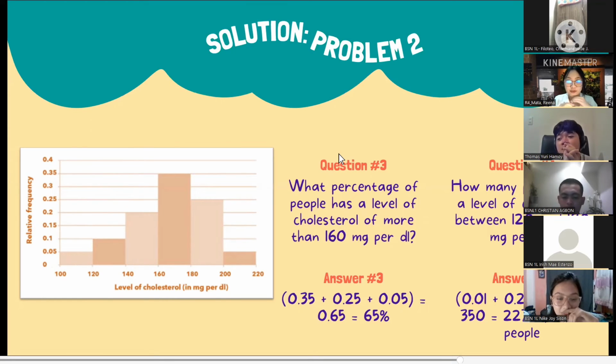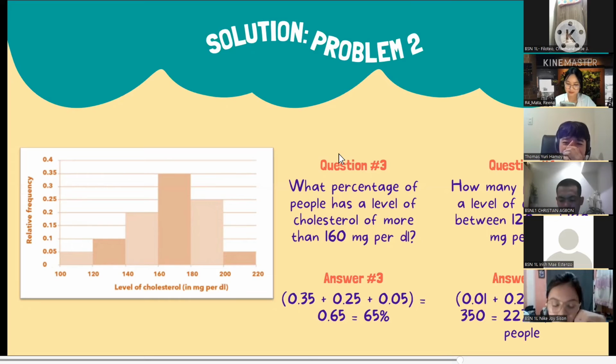For question number 4, it asks how many people have a level of cholesterol between 120 and 180 mg per deciliter. For 120, we have 0.1. For 140, we have 0.2. For 160, we have 0.35.